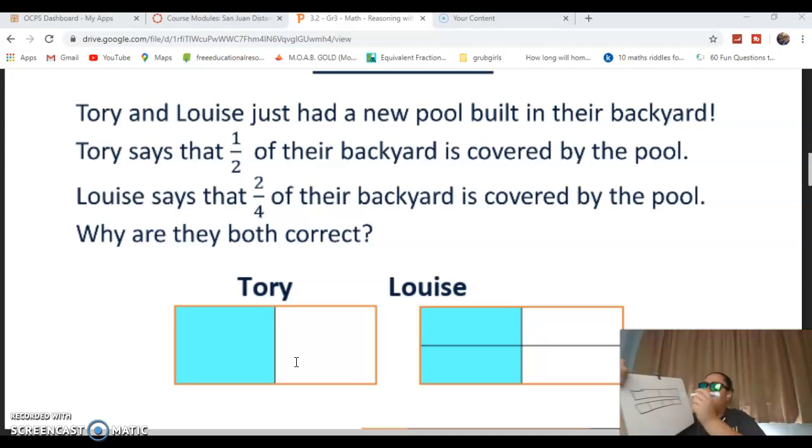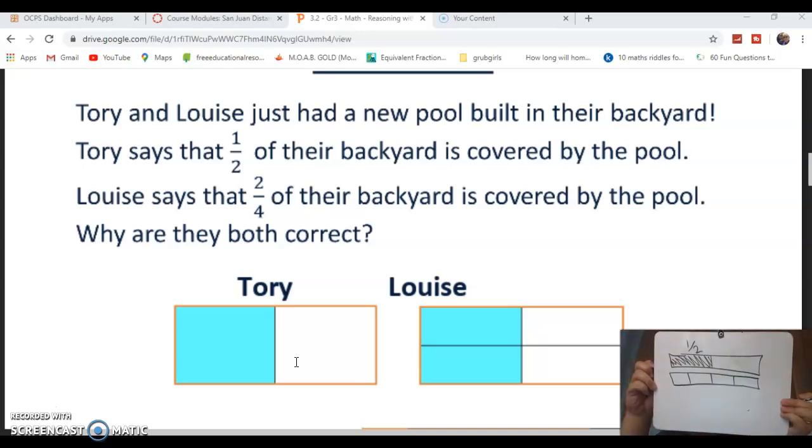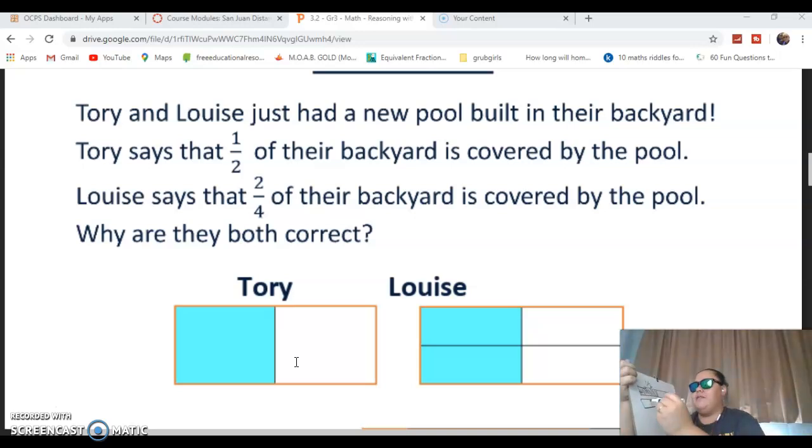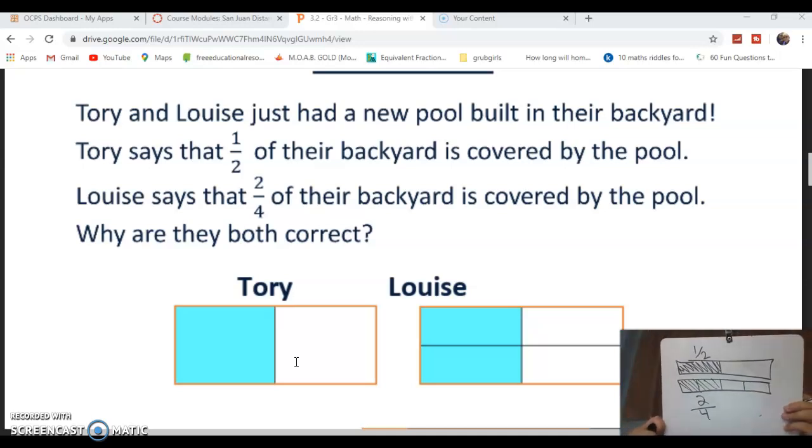Half of the chocolate bar would get colored in, for half. And if I eat 2 pieces of this bottom chocolate bar, or 2 pieces out of 4, I ate the same amount of chocolate.